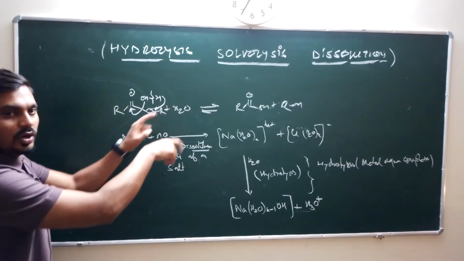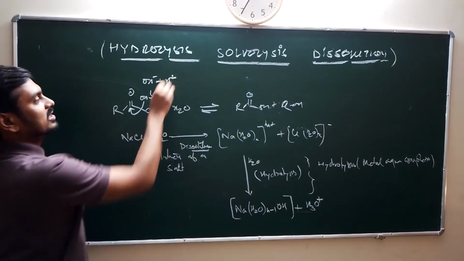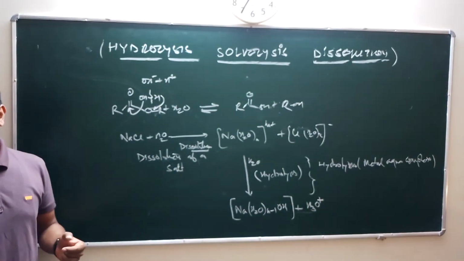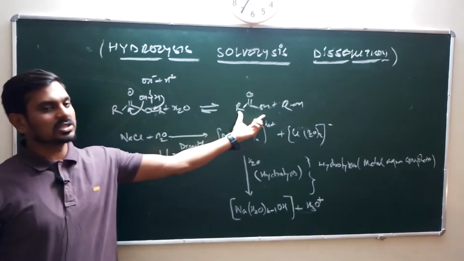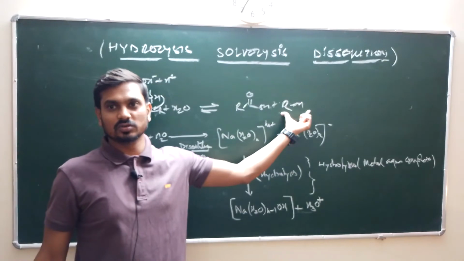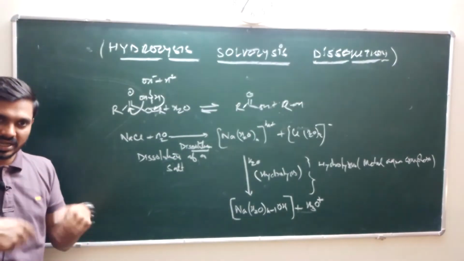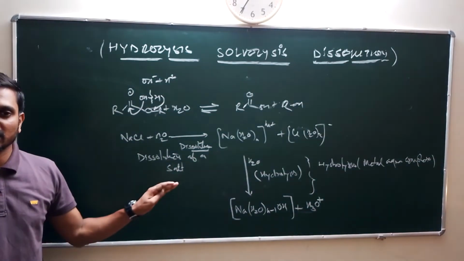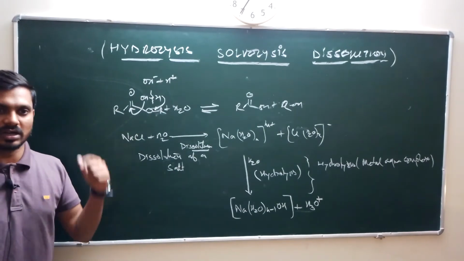H plus and OH minus ions get distributed into different parts of molecules. H adds to this molecule, OH adds to this molecule, and H adds to this molecule. The two parts of the water molecule itself, when it breaks down into H plus and OH minus, get associated to the new molecules resulting from the hydrolysis process.